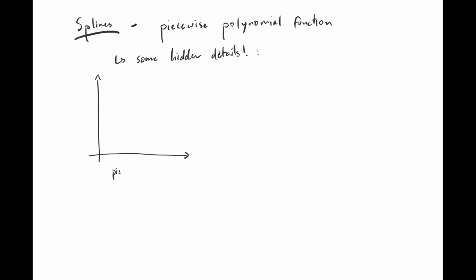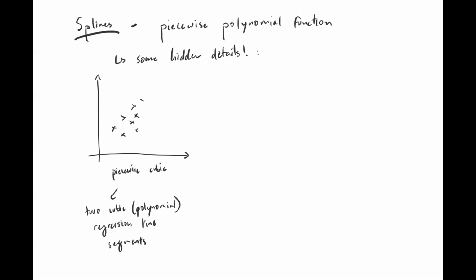The first kind of cut is a piecewise cubic. So this is two cubic polynomial regression line segments. I will attempt to draw something like this, and maybe something like this.